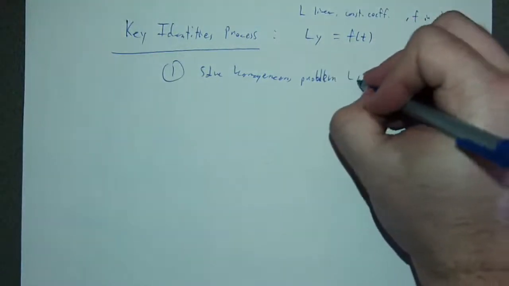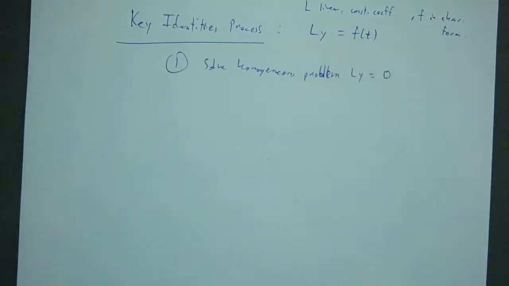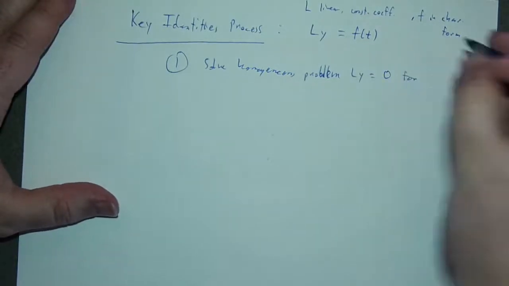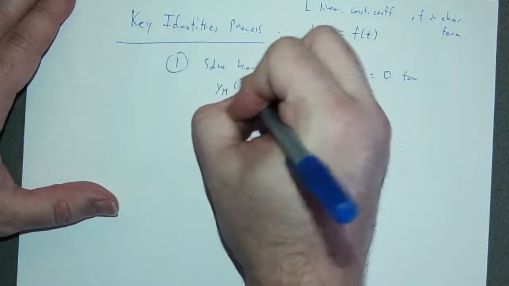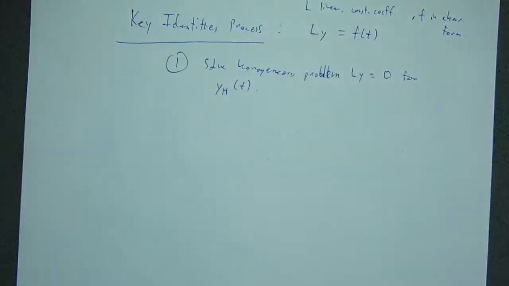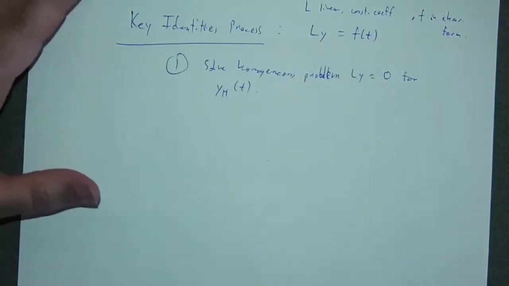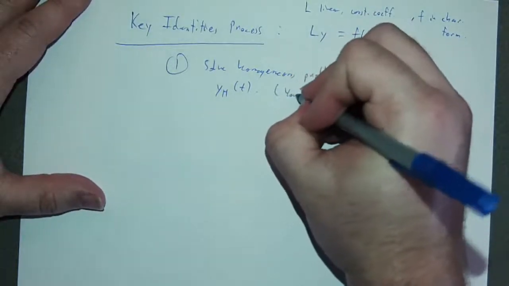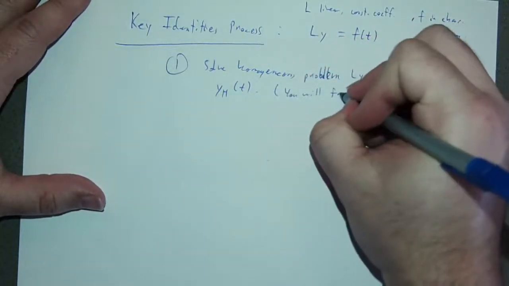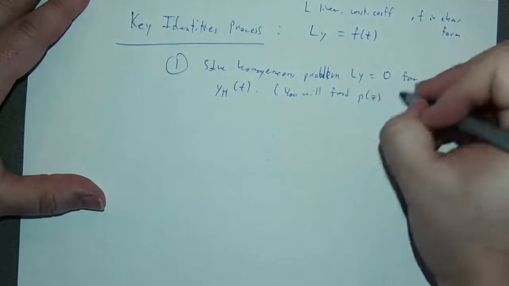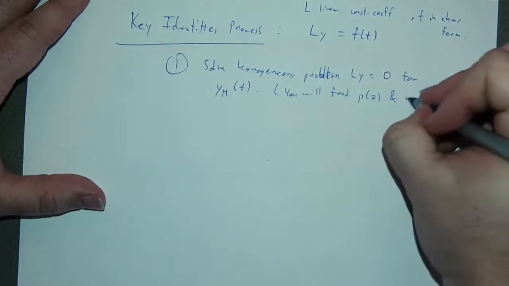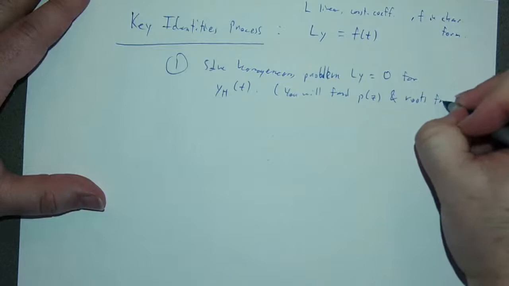So solve the homogeneous problem, Ly equals 0, for y sub h of t. That's what we did before. In the process of this, you're going to find the characteristic polynomial, right? So you will find p of z and roots from this.